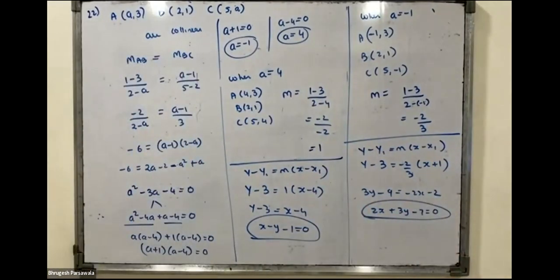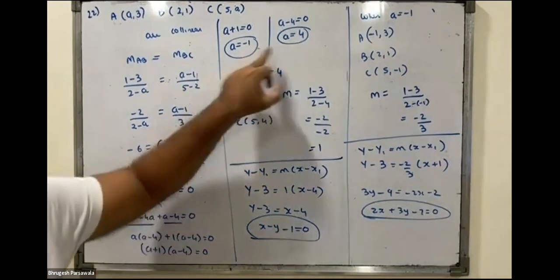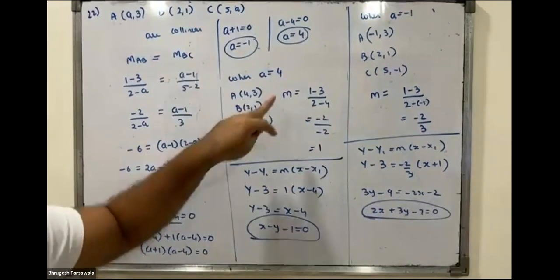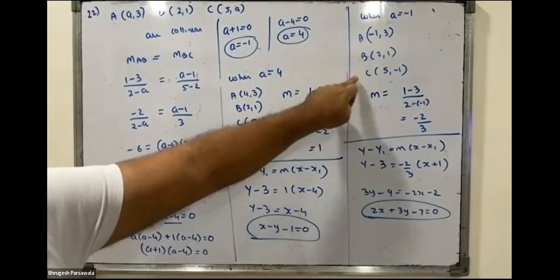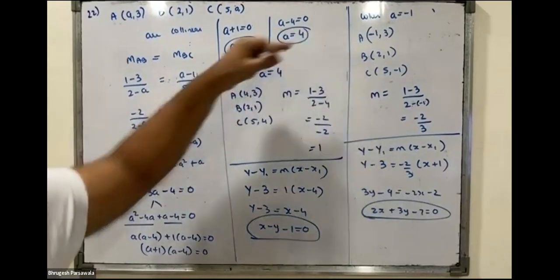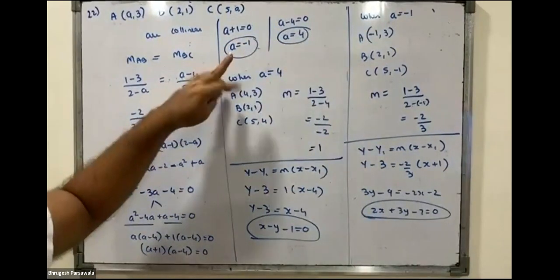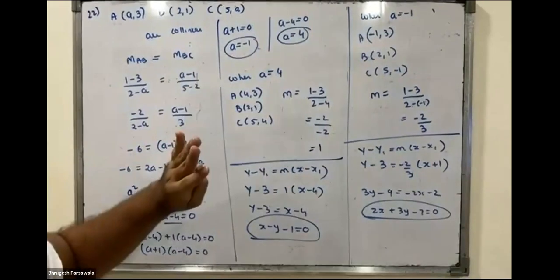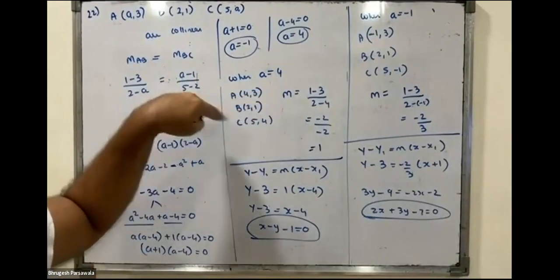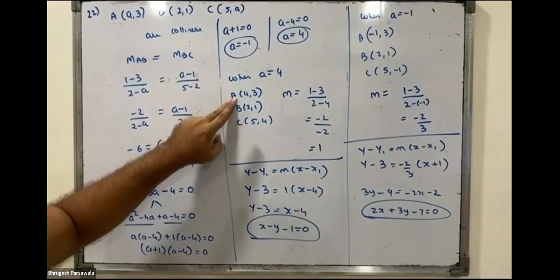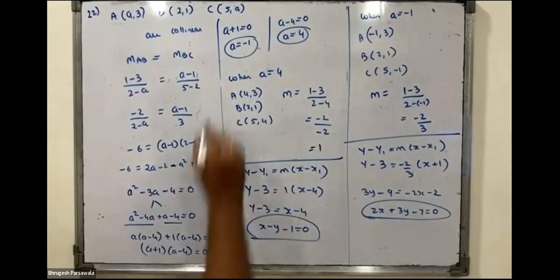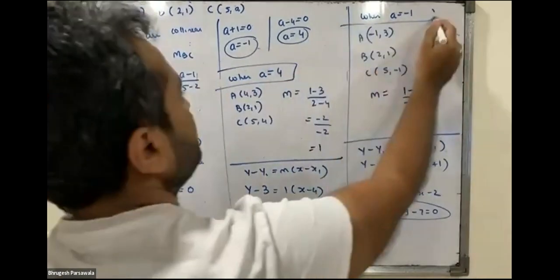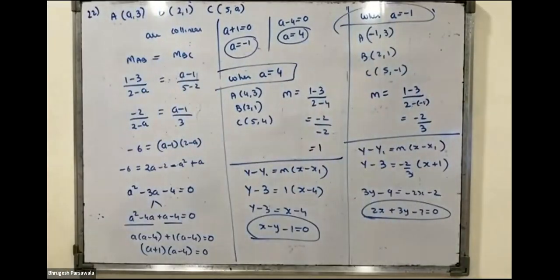Okay, so basically here I found a quadratic equation. The quadratic equation gave two values, so I took both cases: when A is 4, and when A is minus 1. Take any two of the three points, find the slope and the equation of the line. Because they are collinear, on a straight line, take any two points. In either case you will get the same answer, but you have to do it for both the values of A.